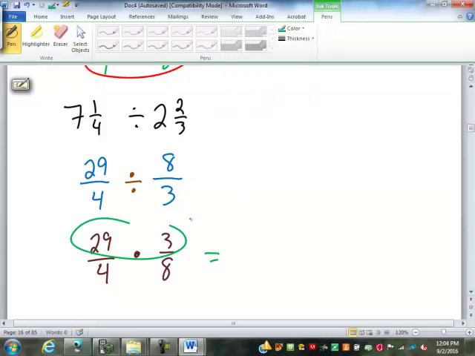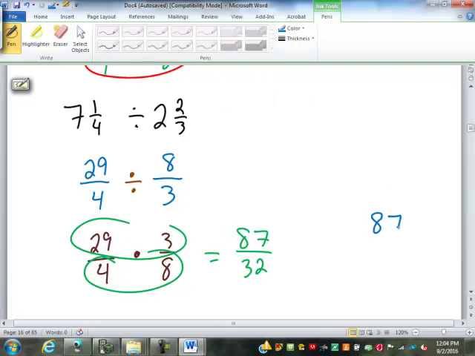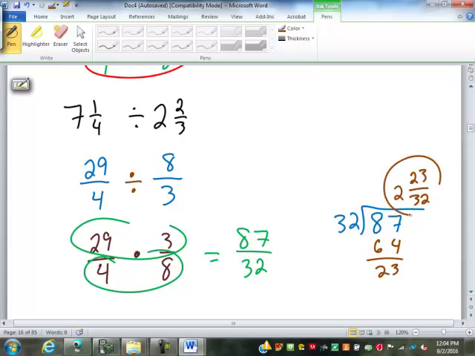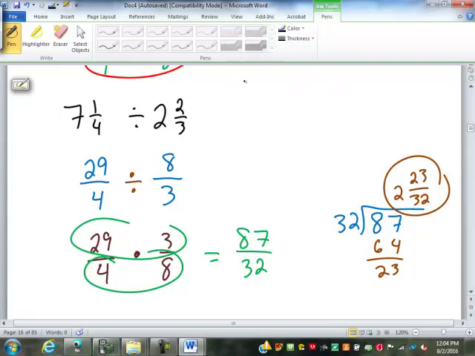So 29 times 3 is 87. 4 times 8 is 32. 87 divided by 32. 32 goes in there twice, which would be 64, with 23 left over. So that's 2 and 23/32nds. Look familiar?